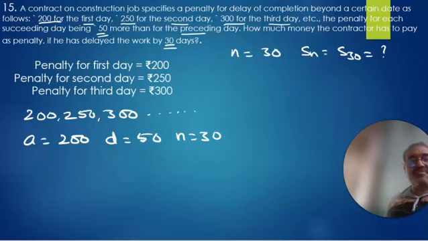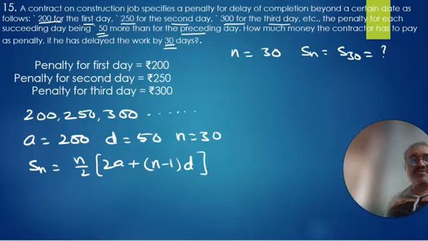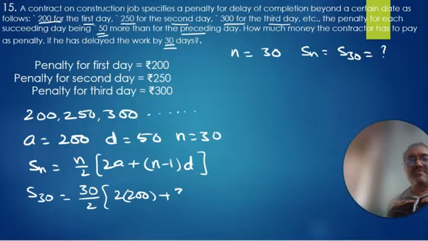So using formula Sn is equal to n by 2 into 2a plus n minus 1 into d. Now S30 is equal to n by 2 means 30 by 2, into 2a means 400 plus n minus 1, 30 minus 1, d is 50.